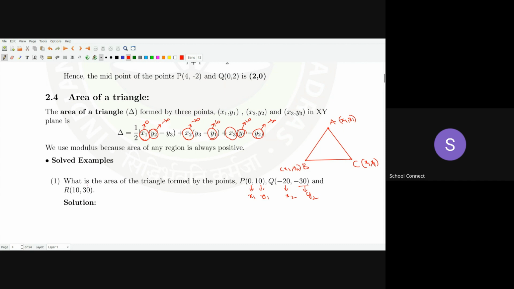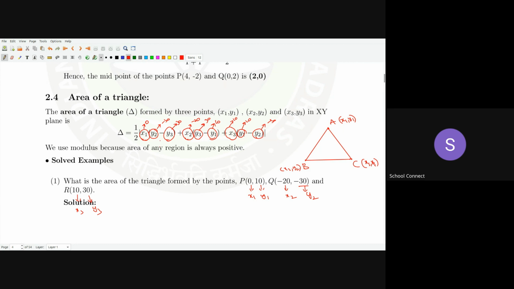So have this x1 y1 pair consistent till the final step of your computation. Finally choose this as x3 y3. So y3 will be 30 for you and x3 will be 10 for you.